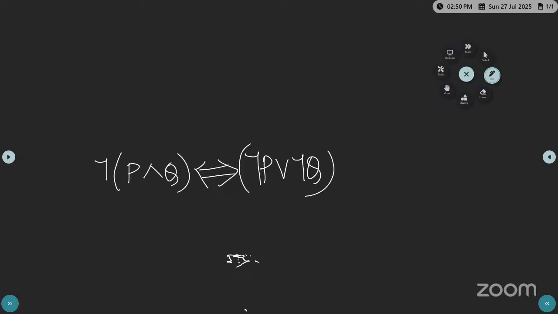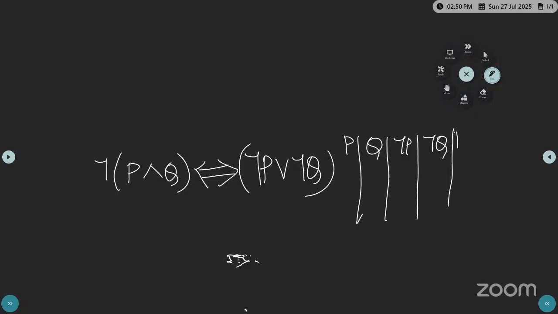See here, what will you get here? I am taking P, Q, negation P, negation Q. What do you require there? P and Q. Negation of P and Q. And the last one is bi-implication. I will check it. Right? So how many values will you get here? You are going to get false, false or 0, 0.